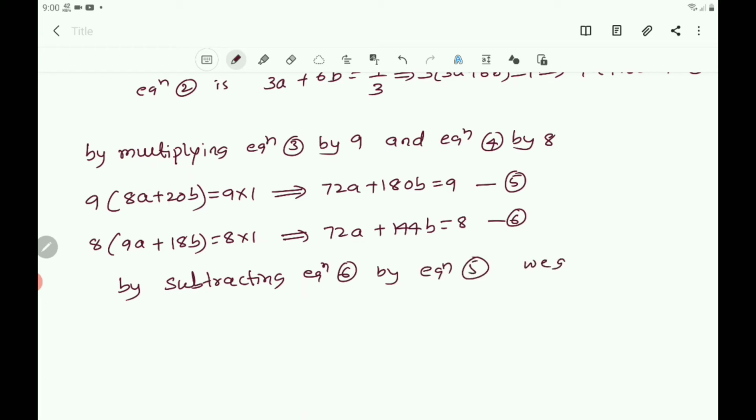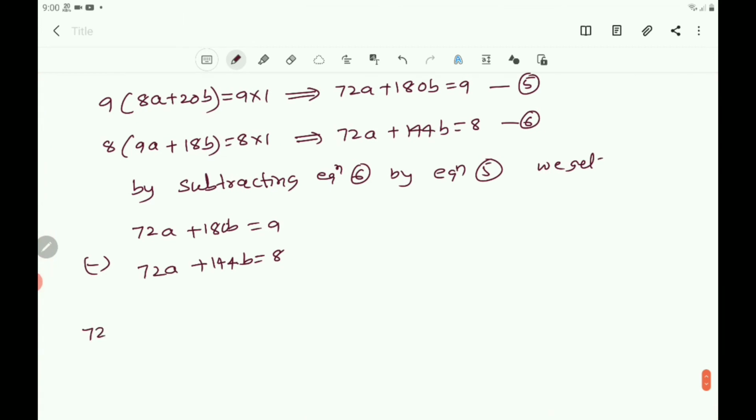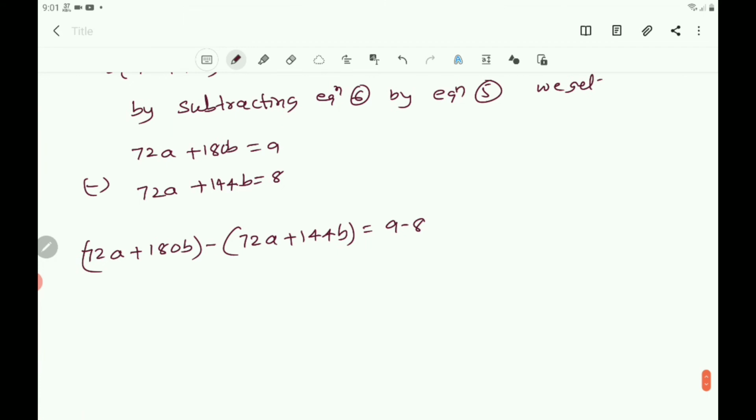Write the first equation above, 72a plus 180b equals 9, and subtract 72a plus 144b equals 8. So 72a plus 180b minus 72a minus 144b equals 9 minus 8, which equals 1.